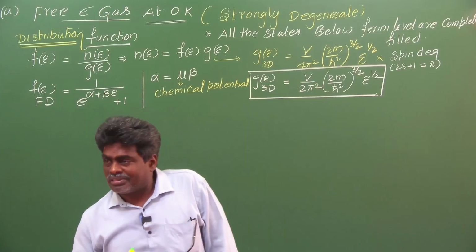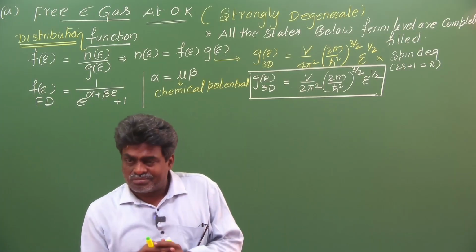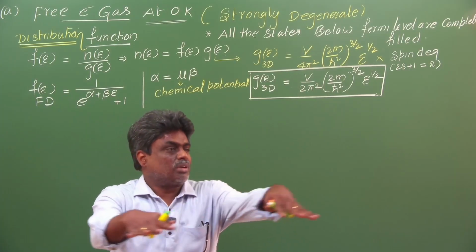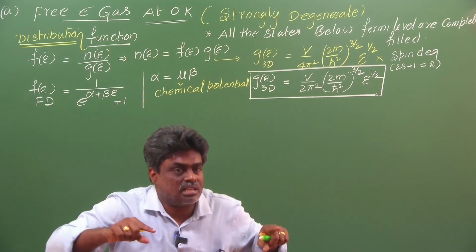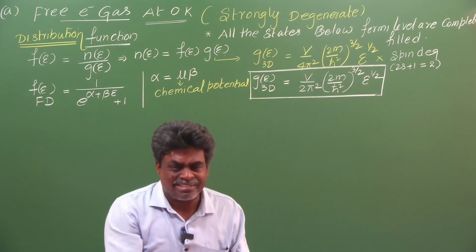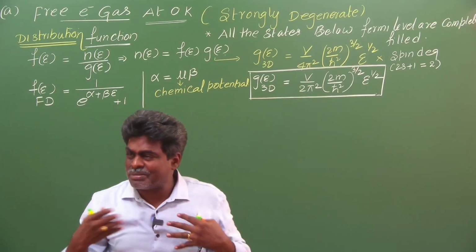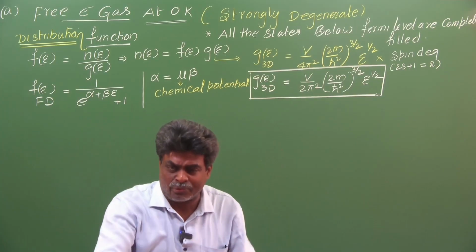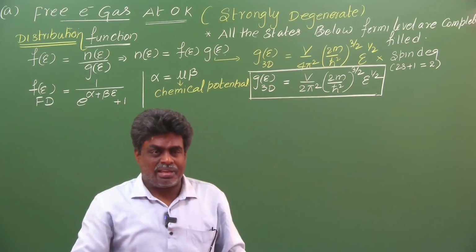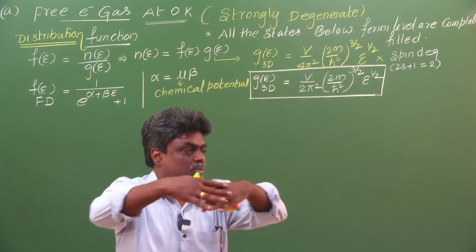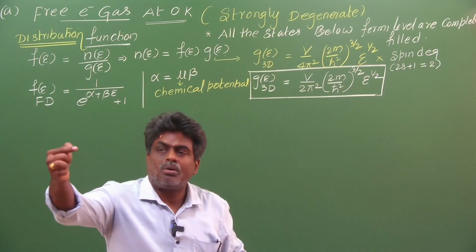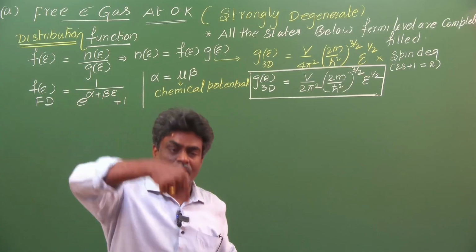For example, this is the system. Now let us say 100 students are already occupied. So what is the system energy? Energy of 100 students. Say yes or no? The system is made up of you. So the system energy is nothing but the energy of 100 students. Now the 101st student came into the class.